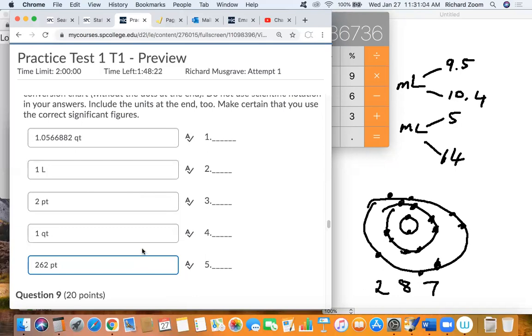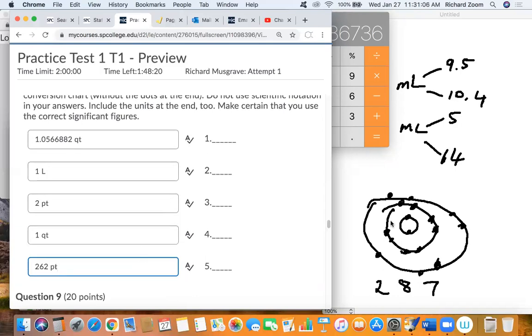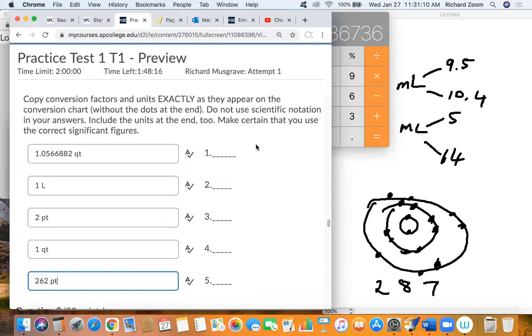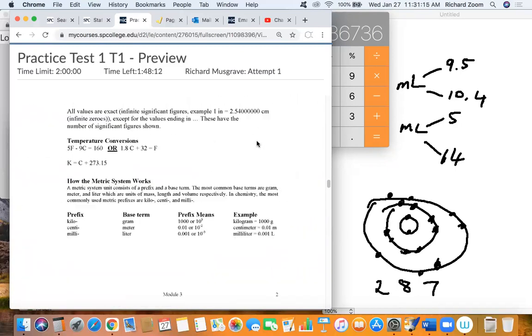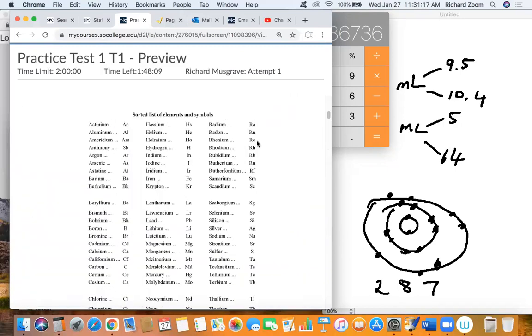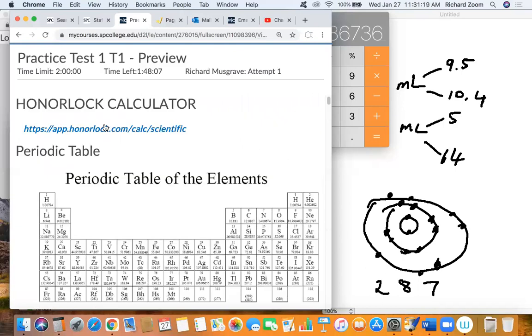Does anybody have any questions? Not about that problem, but could you show me what the Honorlock calculator looks like? Well, did I say you have to use the Honorlock calculator or not? I believe so.